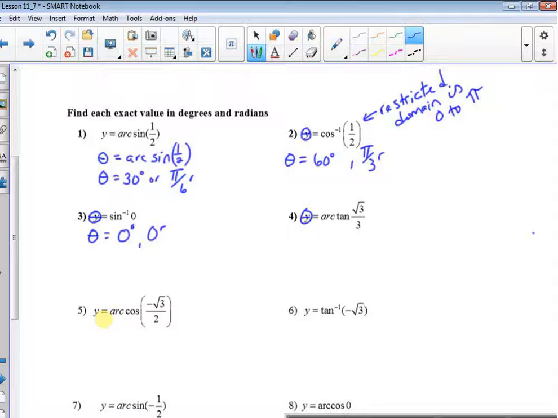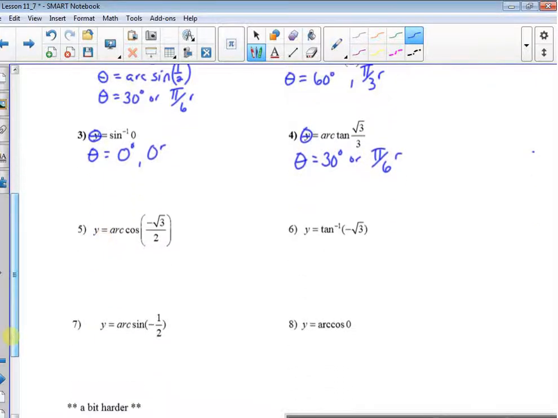Number 4, theta is equal to arctan radical 3 over 3. Theta would equal 30 degrees or pi over 6 radians. Now for tan, this restricted domain we did on the previous page. So this restricted domain is negative pi over 2 is less than x is less than pi over 2.